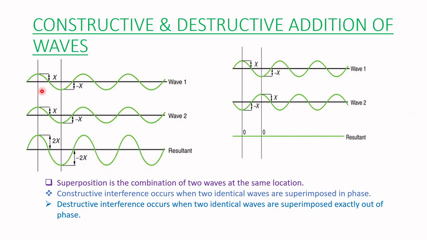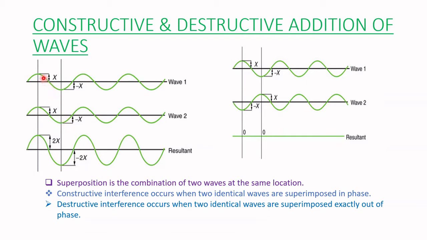Now we will understand what is meant by constructive and destructive interference of waves. You see here in the first figure, there are two waves, wave 1 and wave 2, overlapping with each other. The crest is overlapping with the crest and the trough with the trough.